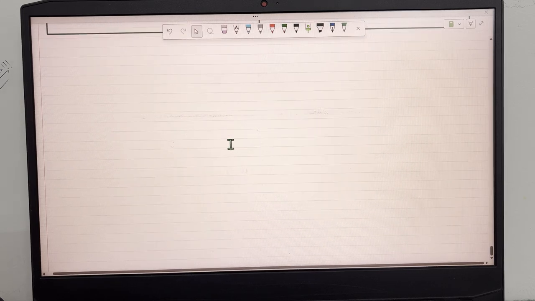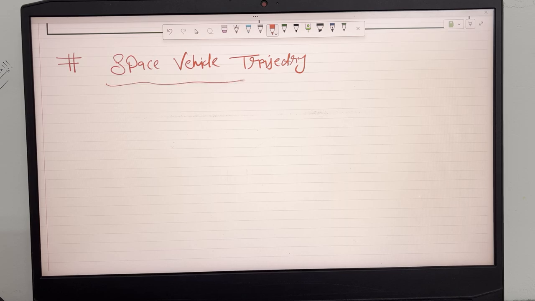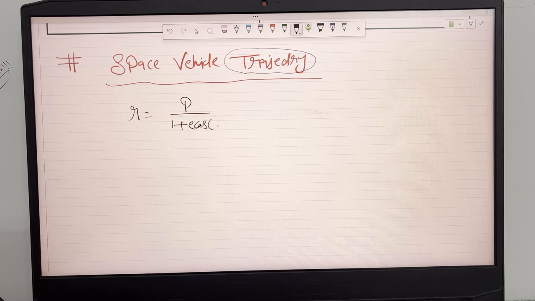Now we write one new topic, that is space vehicle trajectory. The equation for the trajectory is r equals p divided by 1 plus e cos of theta minus c, right?